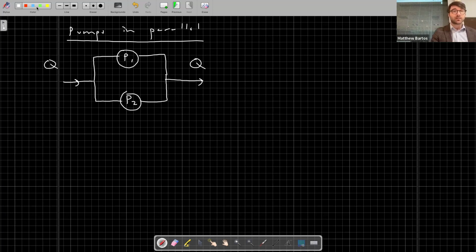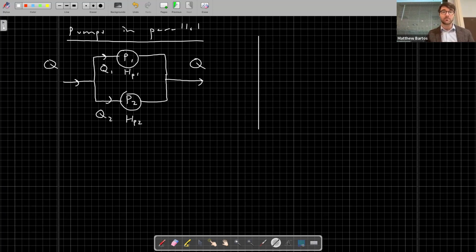Pump P1 is going to impart some pump head HP1. Pump P2 is going to impart some head HP2. There'll be a flow going through the second branch of Q2 and a flow going through the first branch of Q1.